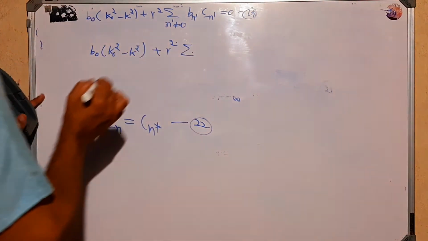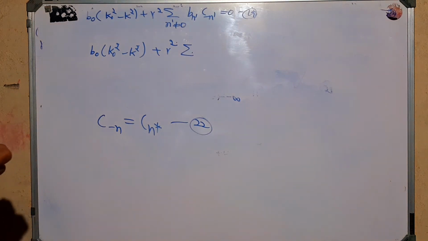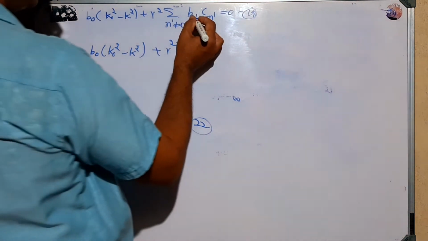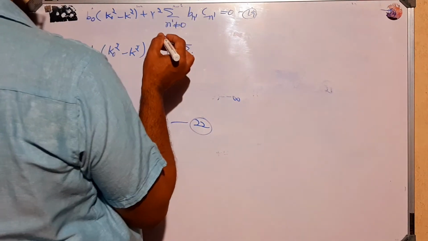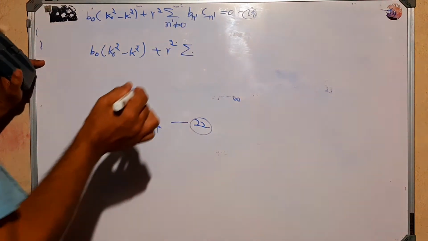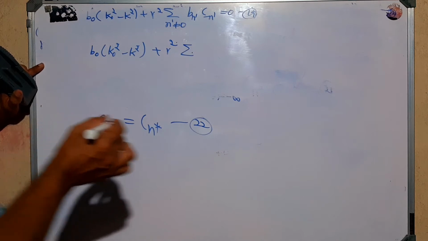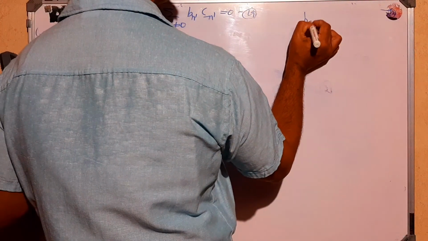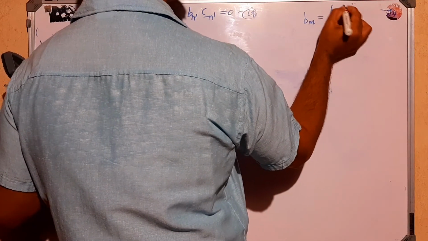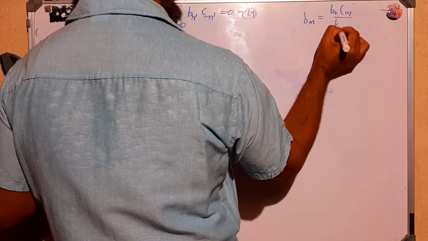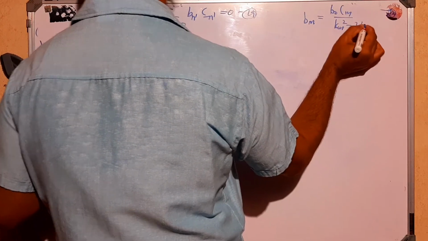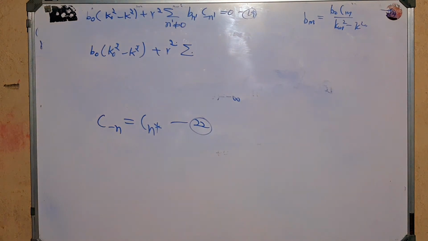It becomes b naught times k naught square minus k square plus gamma square, sigma. Now what you have to do is write the expression for bn dash. So you know the expression for bm, right? Bm is nothing but b naught Cm divided by Km square minus K square. Use this expression. So what happens?